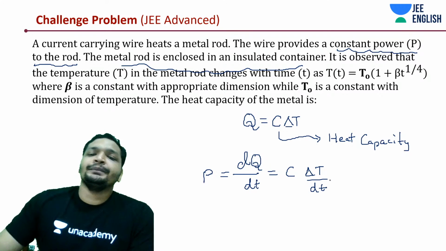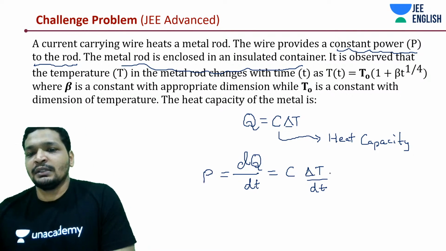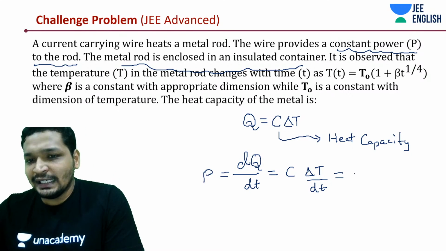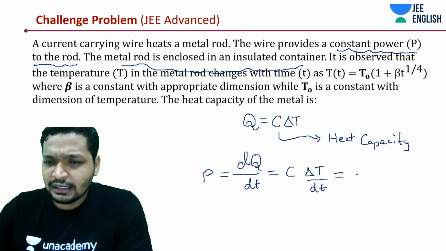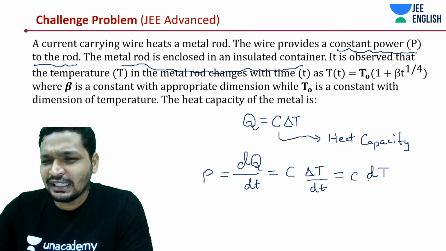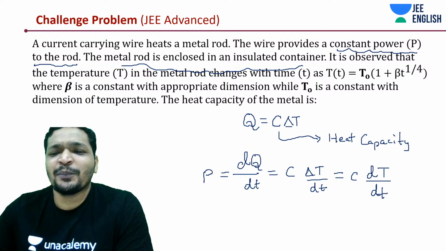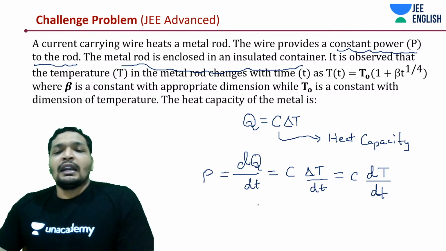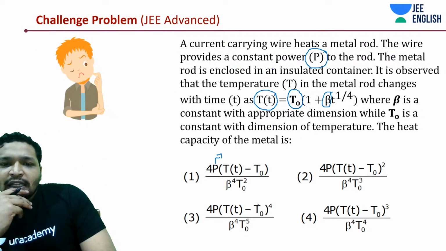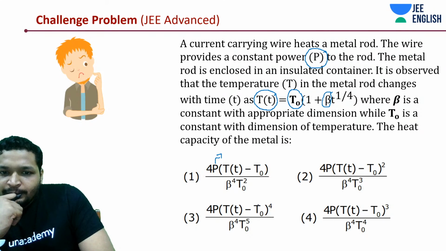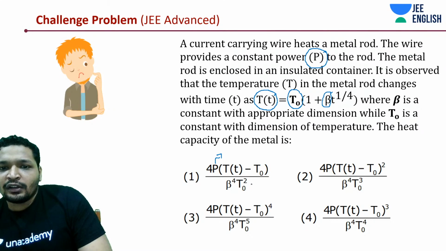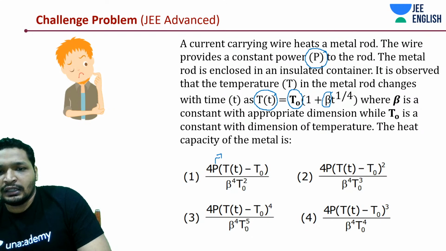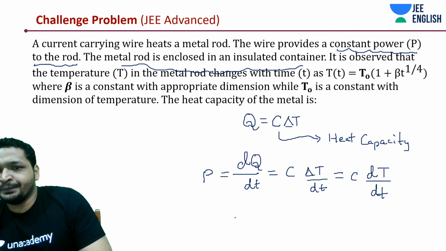I think we can conclude the answer without getting into much depth, because whether it should be T0 squared, T0 cubed, T0 to the power 5, or T0 to the power 4, this thing alone will let us conclude the solution quickly.